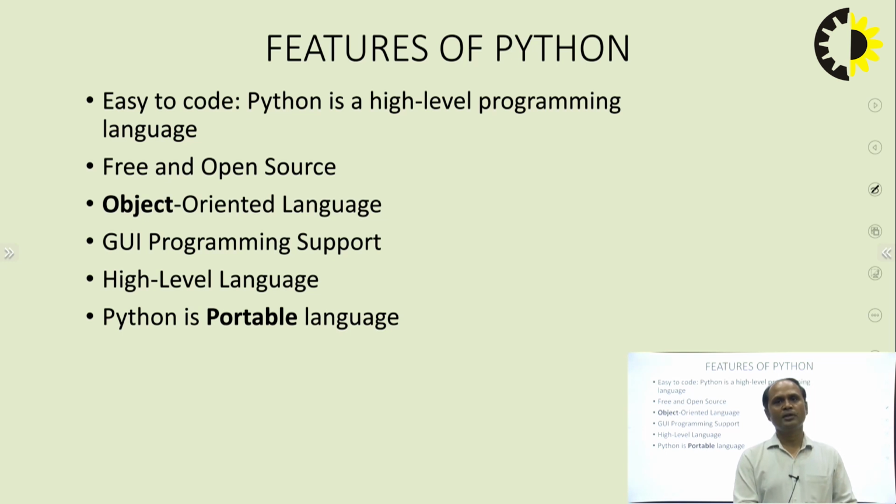Now next, Python is a portable language. What is portable? The portable concept means that we can use one program on one machine, and we can use that particular code on another machine also, if both machines support that language, Python.